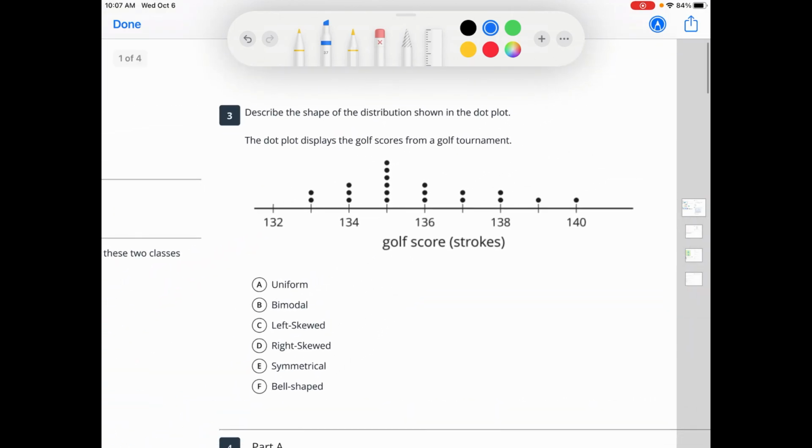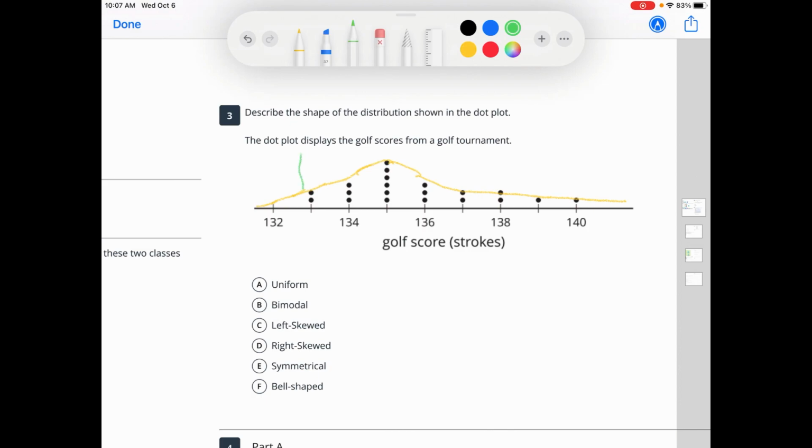All right, question number 3. Describe the shape of the distribution shown in the dot plot. The dot plot displays golf scores from a golf tournament, and it recorded the number of strokes. The first thing I'm going to do is probably draw something over this, right? And then notice how this tail goes all the way out.